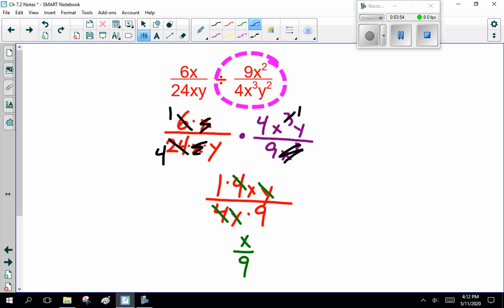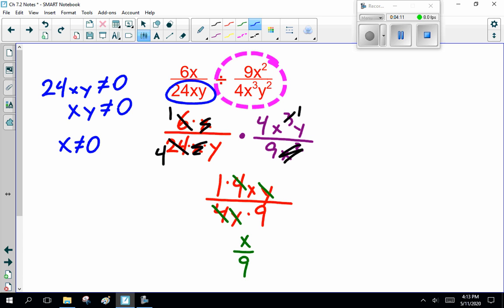Now, what about our non-permissible values? Well, let's go back and check. 24xy cannot equal 0. Divide both sides by 24, xy cannot equal 0, which means, it's a little sneaky here, x cannot equal 0 and y cannot equal 0. So right off the bat, I go x cannot equal 0, y cannot equal 0.